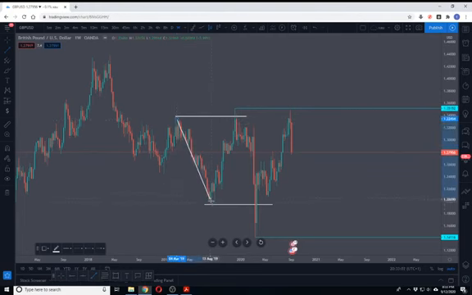Any movement up here would have been internal range liquidity, but as you can see, the market moved higher, which kind of made us think, okay, has the market gone bullish now? Then it came on the other side and moved lower again, so it went bearish.